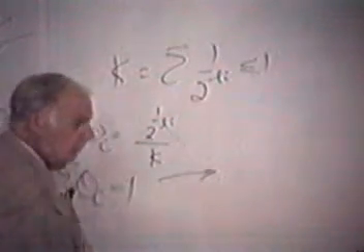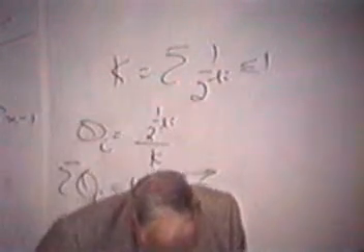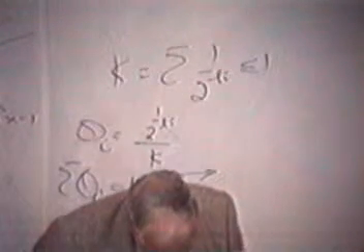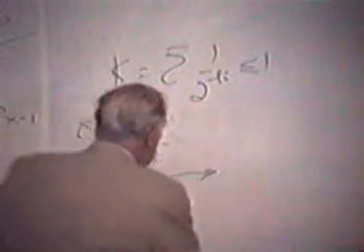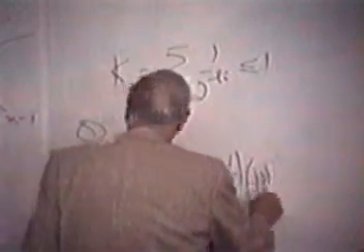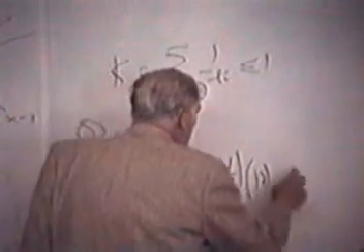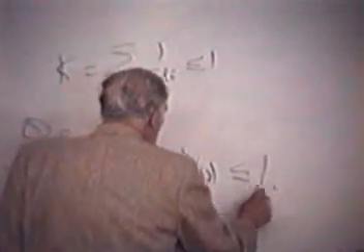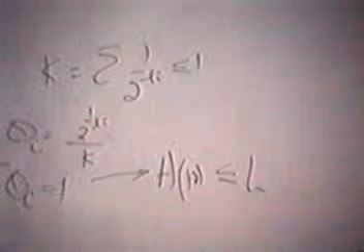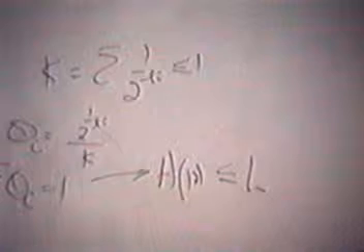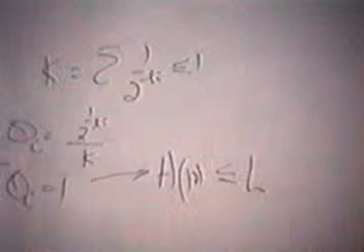If I use those q's in here, what I will find from some simple algebra, and I want to get the thing in the form I want it in, is the entropy H of P is less than or equal to L, the average code length. You give me the entropy of the probabilities, I can give you the minimum average code length, the thing we wanted. Entropy gives a lower bound.